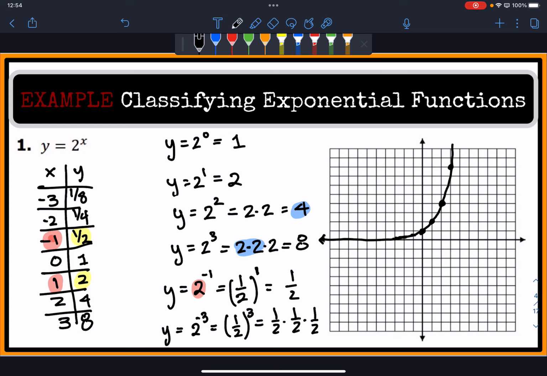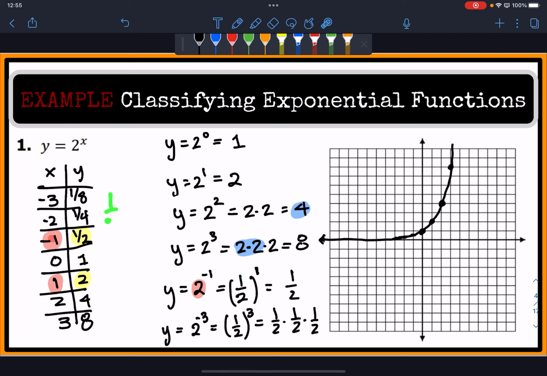Now, interesting again to see is that no matter what numbers I plug in, remember, all I'm doing is multiplying factors of 2 when I'm plugging in positive exponents. So I'm just multiplying a bunch of 2's together when I plug in a positive number for x. So there's no way that's going to give me a number that's equal to 0. So I'm never going to touch this line in this direction because obviously those values are getting bigger and bigger. Now when I plug in a negative number for x, notice that all I'm doing is multiplying 1/2.